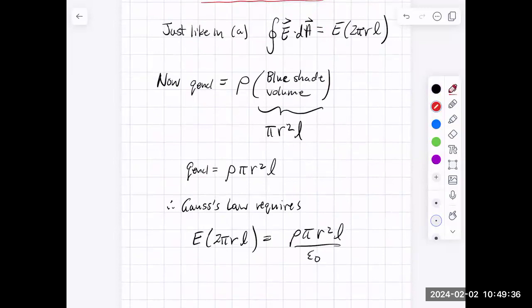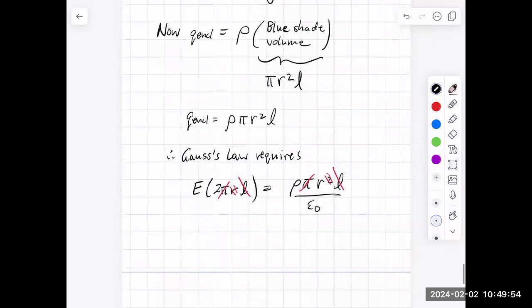Some of those same things cancel. The L's cancel, the pi's cancel, and now there's one more cancellation, one factor of little r cancels. And so to solve for E, we just have to divide by the 2 now.